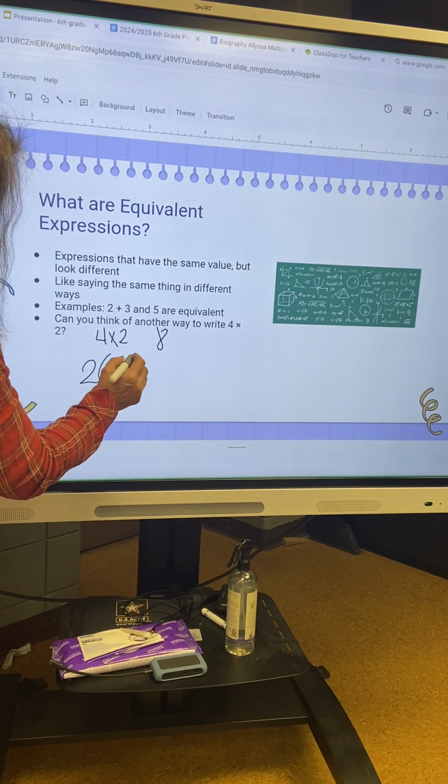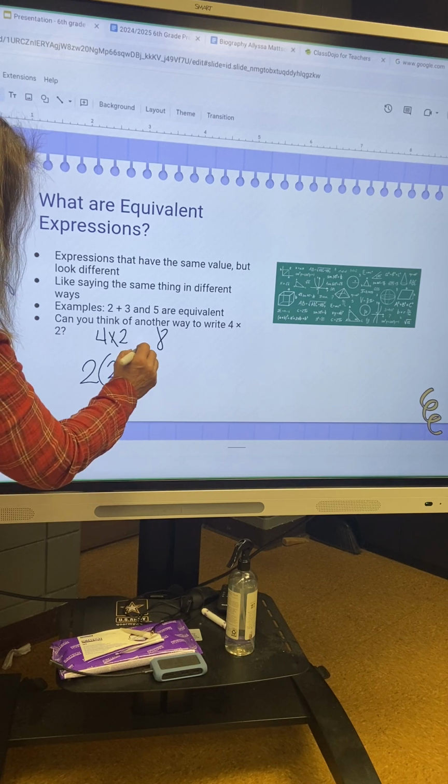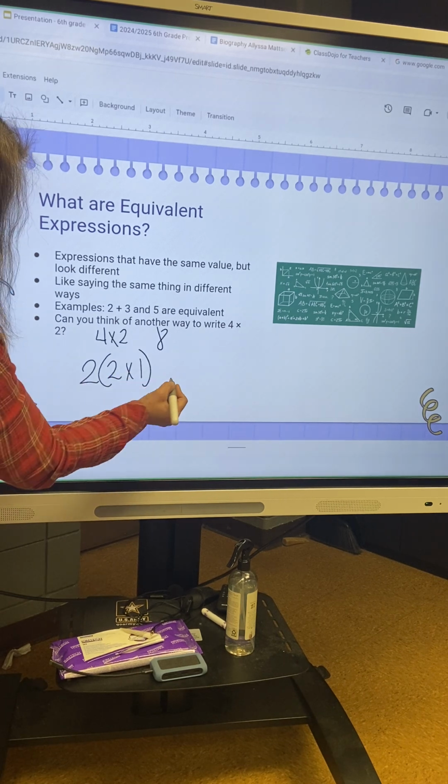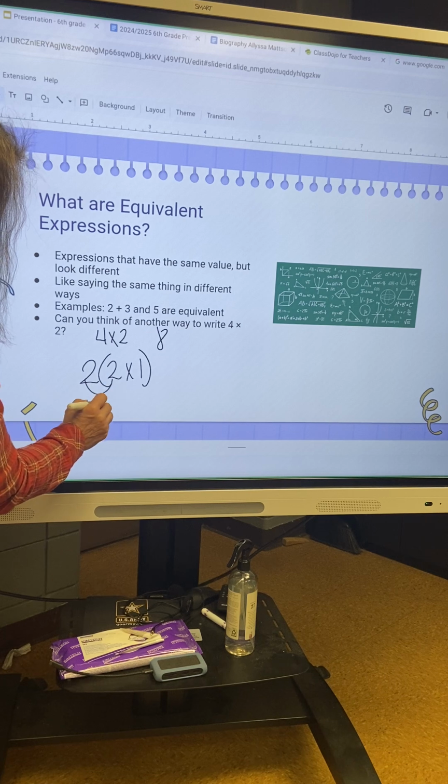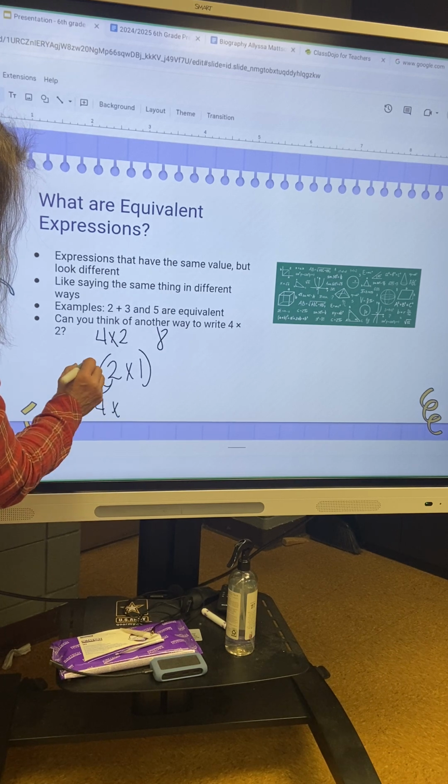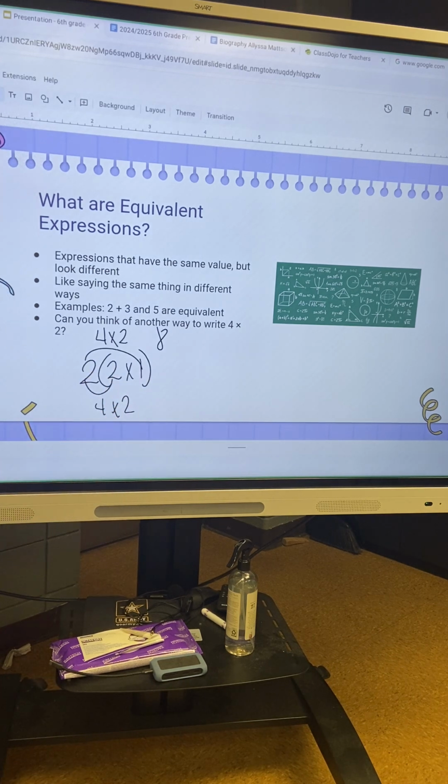What times 2 is 2? 1. So 2 times 2 times 2 times 1 is 8. Because 2 times 2 again is 4, times 2 times 1 is 2. And there you get 4 times 2 is 8. So that's another way of showing 8. That's equivalent to 8.